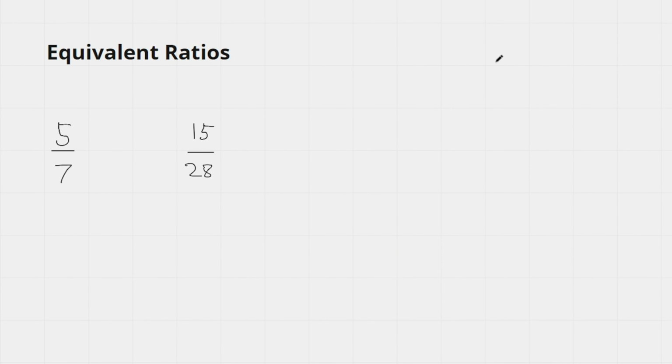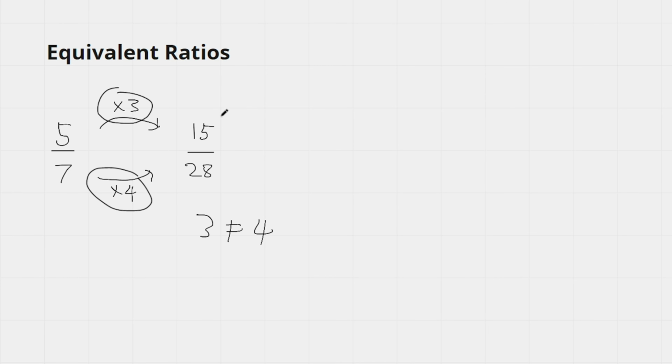In this example we have the ratio 5 to 7 and 15 to 28. You could multiply 5 by 3 to get 15, but you would have to multiply 7 by 4 to get 28. Since these two numbers are not equal to each other, this is not an equivalent ratio.